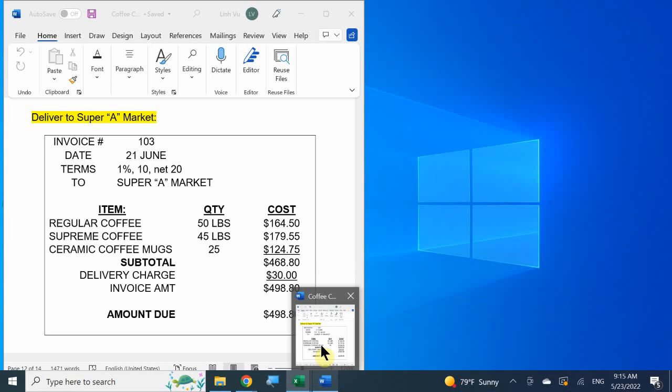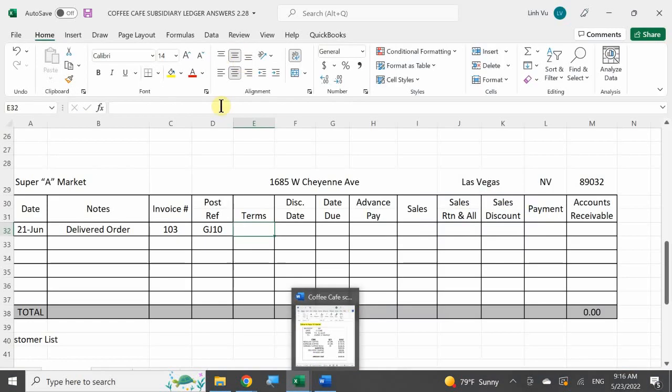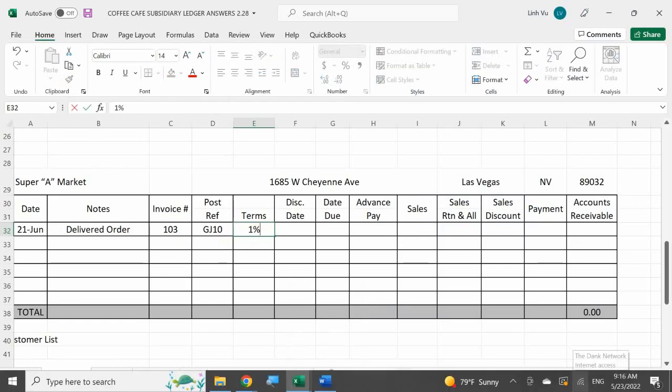Oh, we give them 1% discount if they pay within 10 days. Net 20. Yes, net 20, right? So 1%, 10, net 20.